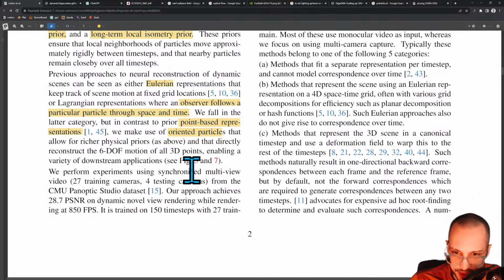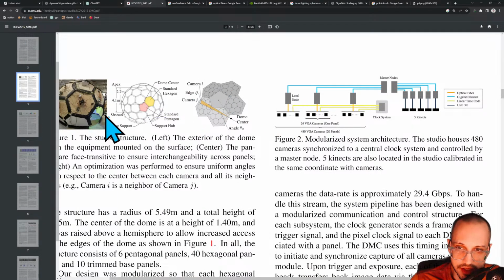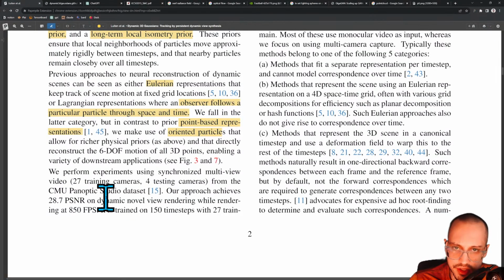We perform experiments using synchronized multi-view video. So this is the camera geodesic dome that we were looking at. It looks like they have 480 cameras here in this paper where they describe this dome, but here they say they only use 27. I don't know why they wouldn't use all of them.